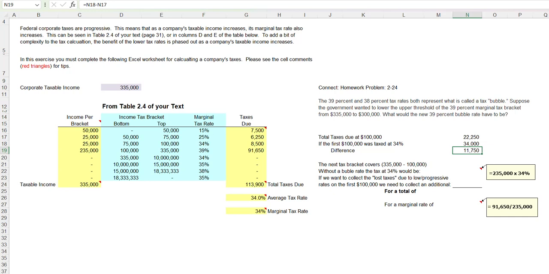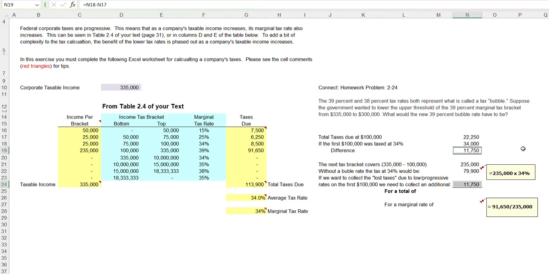So our next tax bracket covers $335,000 to $100,000, which is a total of $235,000 in income. If we didn't have a bubble rate, that would be taxed at a 34% rate. The taxes on that would be $79,900. That's just the $235 times 34%. So if we want to collect these lost taxes due to the progressive nature of our income tax schedule, we're going to need to collect an additional $11,750.